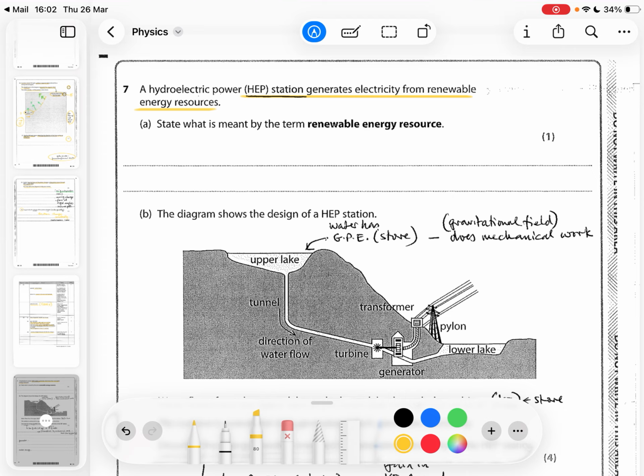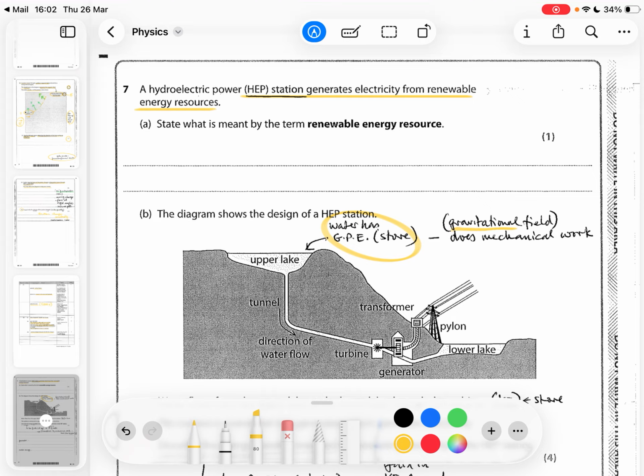Okay? So obviously the rain comes and fills the lake, yeah? But then I think they can also pump it up to the top if they wanted to. So you've basically got water with gravitational potential energy as a store of available potential energy. Yeah, that's what potential energy means.